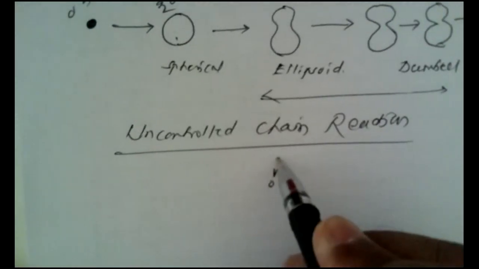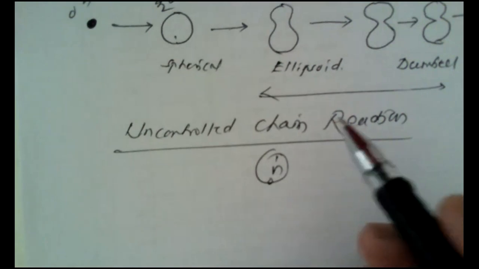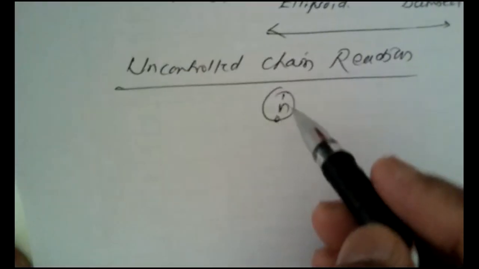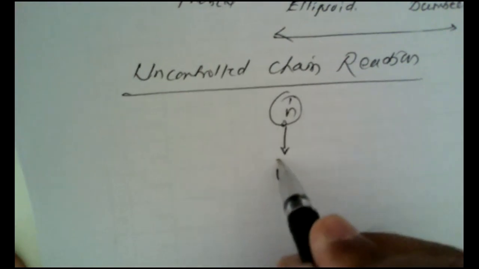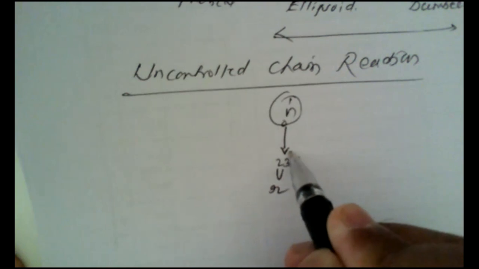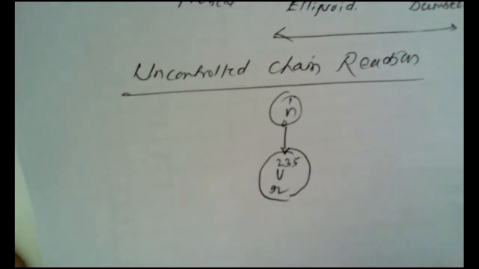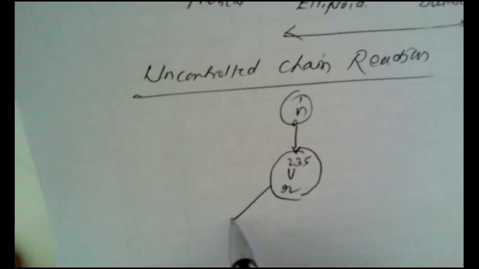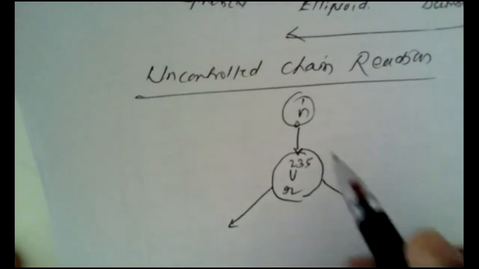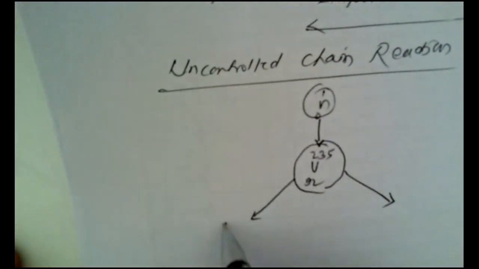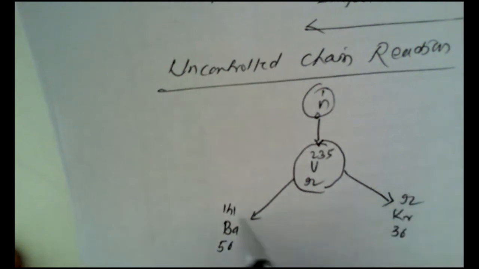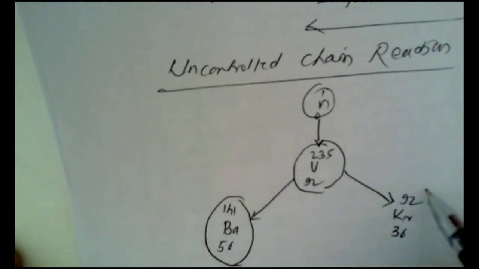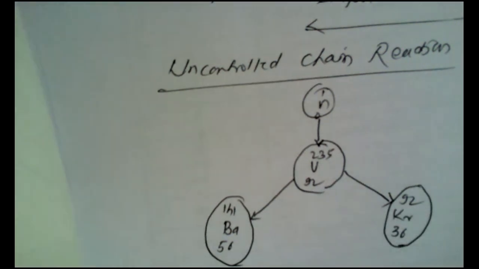Initially, we have taken the neutrons as the projectiles and the uranium-235-92 nucleus as the target nucleus. When it is bombarded, first of all the fragments are obtained like this. You have to show this in the form of spheres.